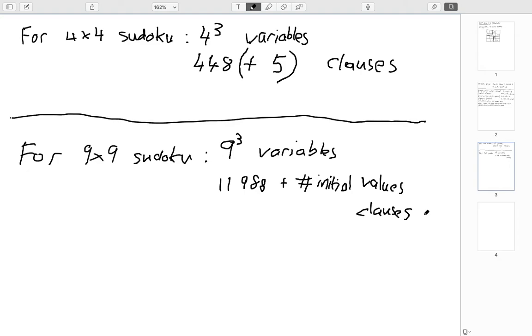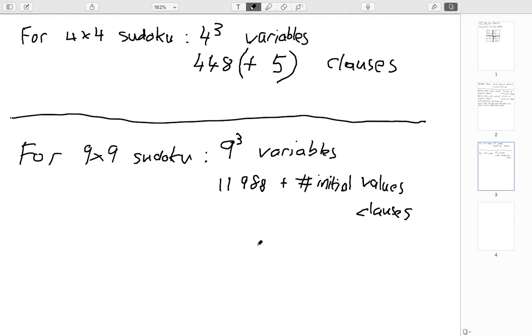So what I want to do now is briefly show you this working in practice, and we'll do that for my implementation of the DPLL algorithm.